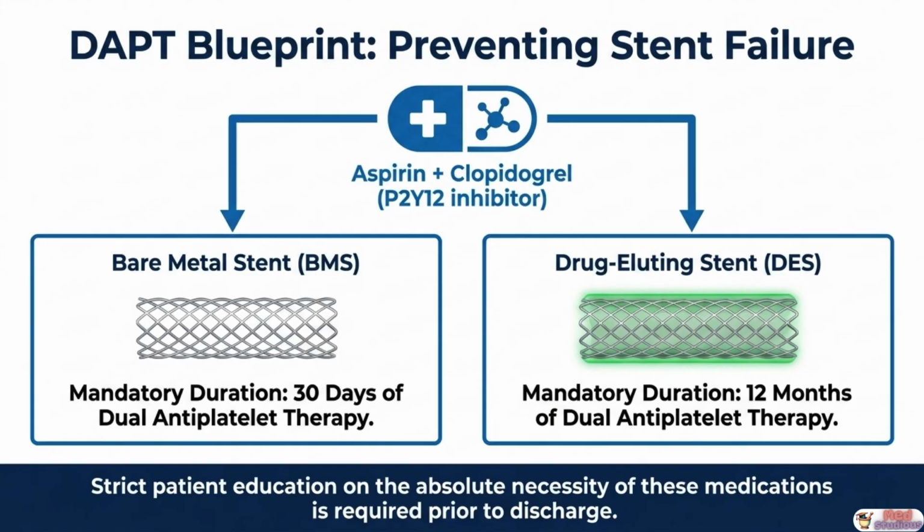For a drug-eluting stent, a stent coated with an anti-proliferative drug such as everolimus, sirolimus, or paclitaxel that prevents neo-intimal hyperplasia and in-stent restenosis, DAPT must be maintained for a minimum of 12 months. Drug-eluting stents delay endothelialization because the anti-proliferative coating inhibits the same cell growth that would cover and passivate the metal surface. This leaves the stent biologically exposed and thrombogenic for a much longer period.